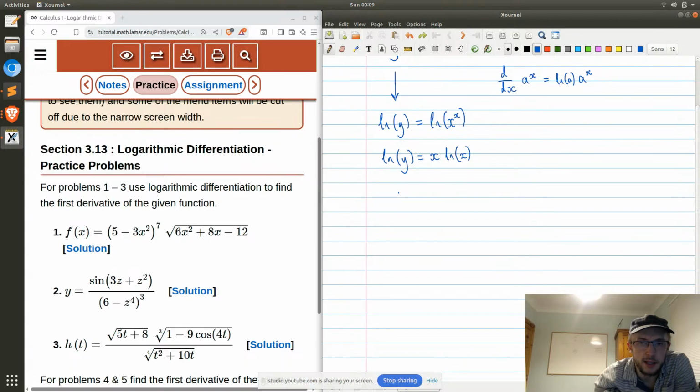y prime over y. And then for this, we'll get ln x plus, that would be x over x.